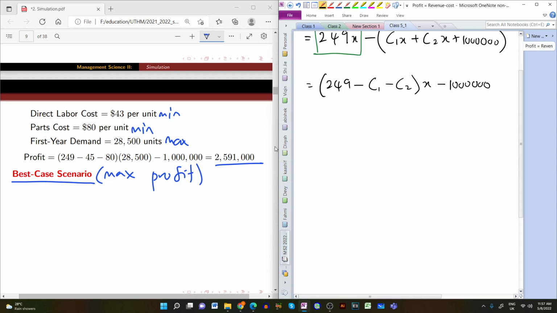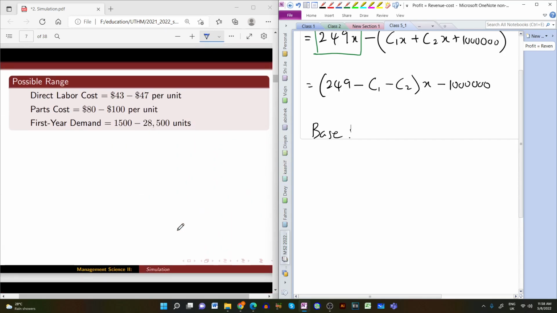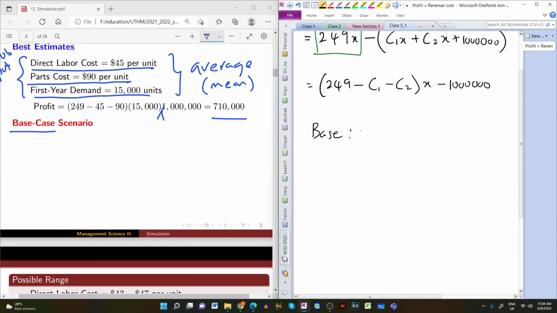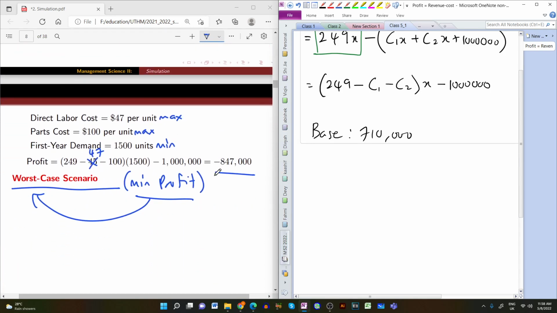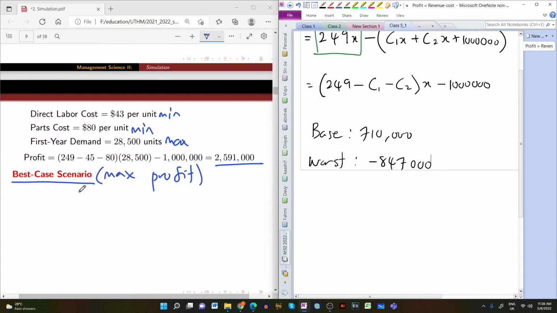Once you go through the what if analysis with all this information, we come out that for base case scenario the profit is, and for worst case scenario profit is, and the best case scenario the profit is 2591.